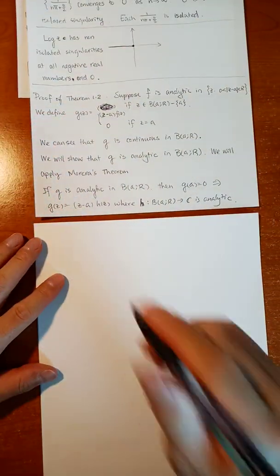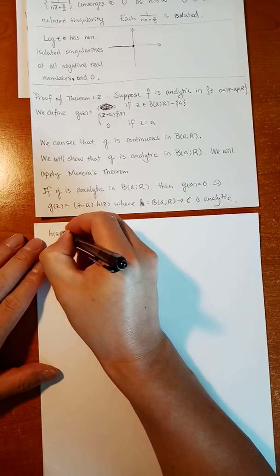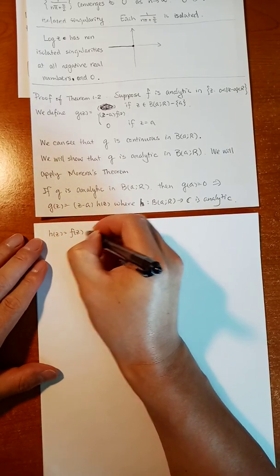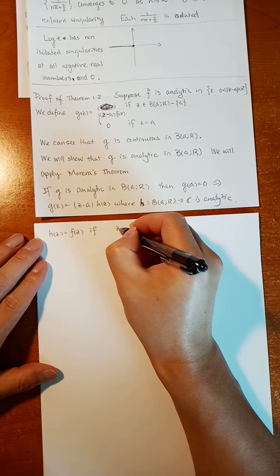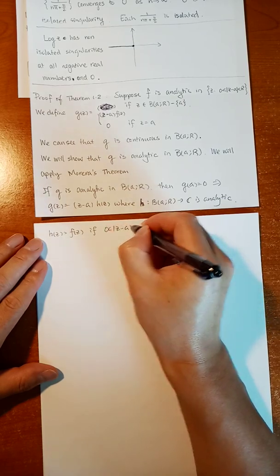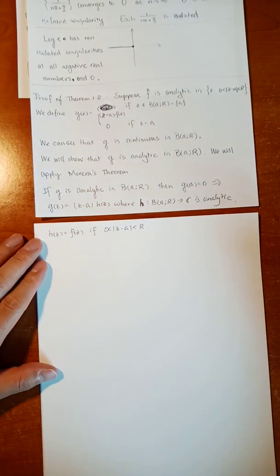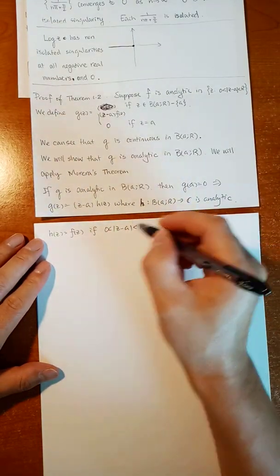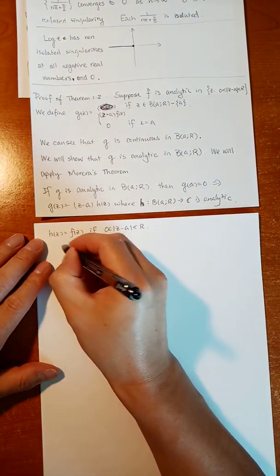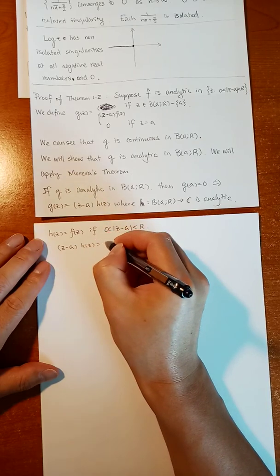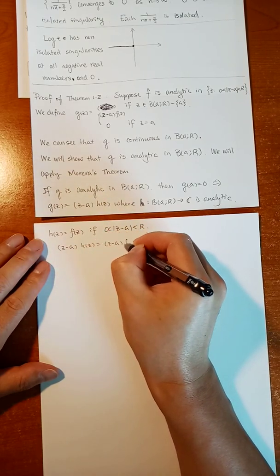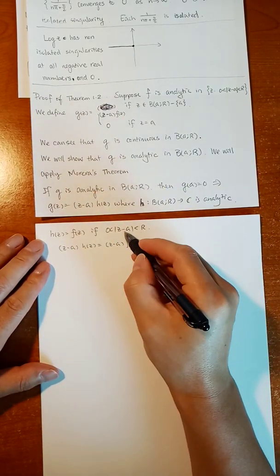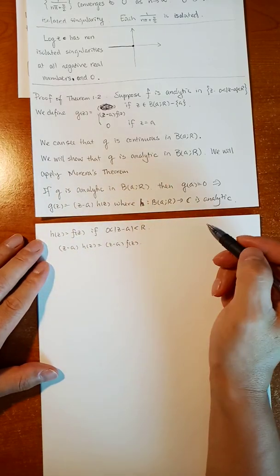And from here we see that h of z is equal to f of z if z minus a is between 0 and r. Why? Because they are equal, right? When z minus a is not equal to 0, you just directly cancel them.